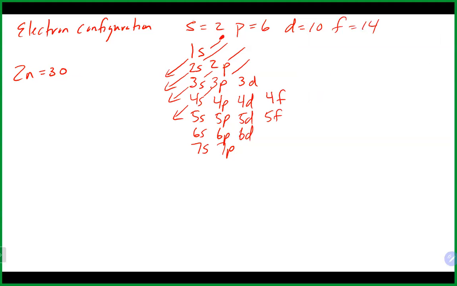Once again, we would start here, and that would be 1s2. We would then roll to our next one, which would be 2s2. We would then come back and roll into here. That is the p subshell, which means we could put 6 in there. That's going to be 2p6.